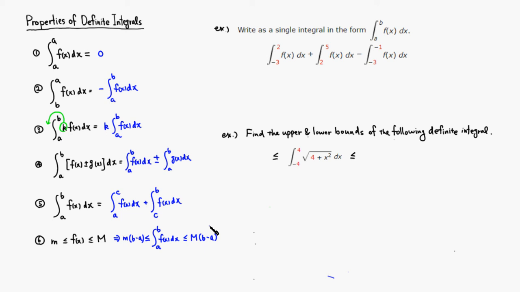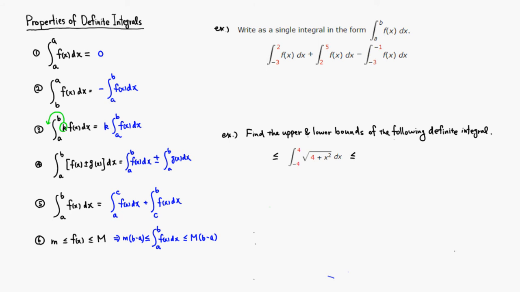All right, so let's look at a couple of examples here. We want to write this as a single integral. We have the integral from negative 3 to 2, plus the integral from 2 to 5, and then we subtract the integral from negative 3 to negative 1.